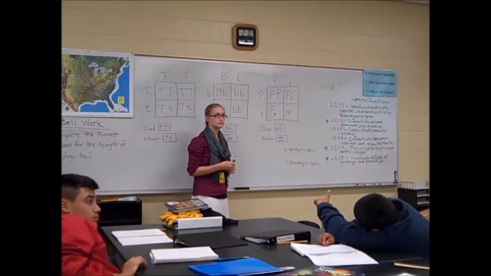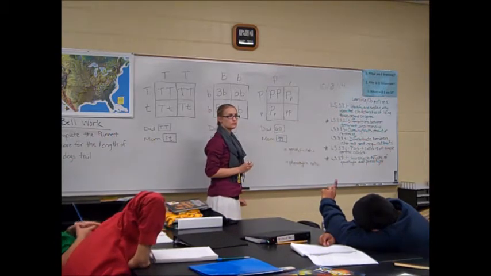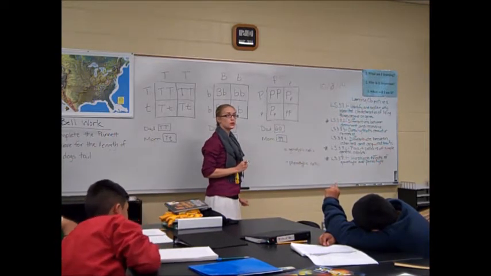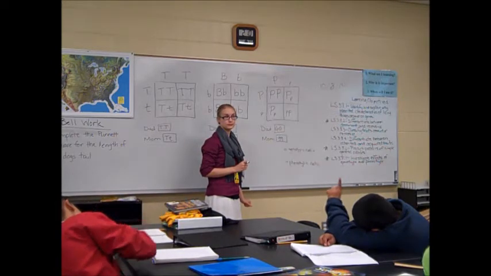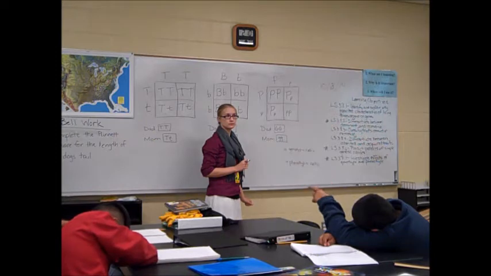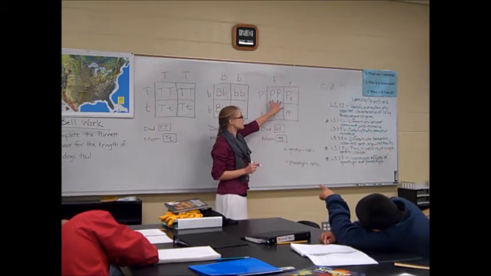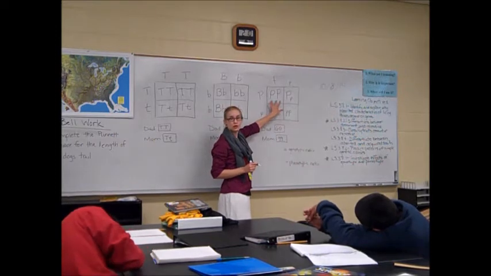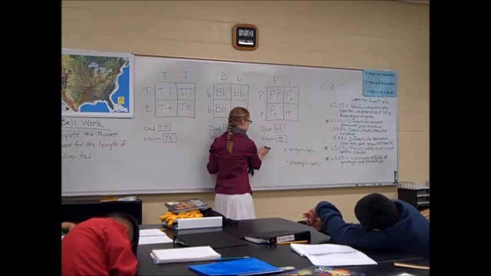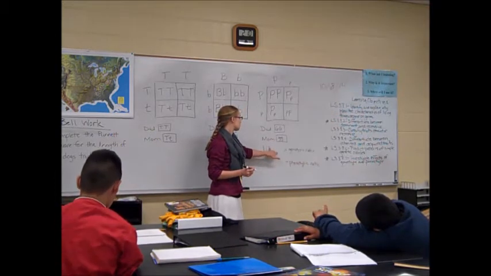Cassandra? One. Which one would that be? The one in the top left. Top left, the one that has the two capital letters, the two dominant alleles. So I'd start with a 1, and then I put a colon next to it.